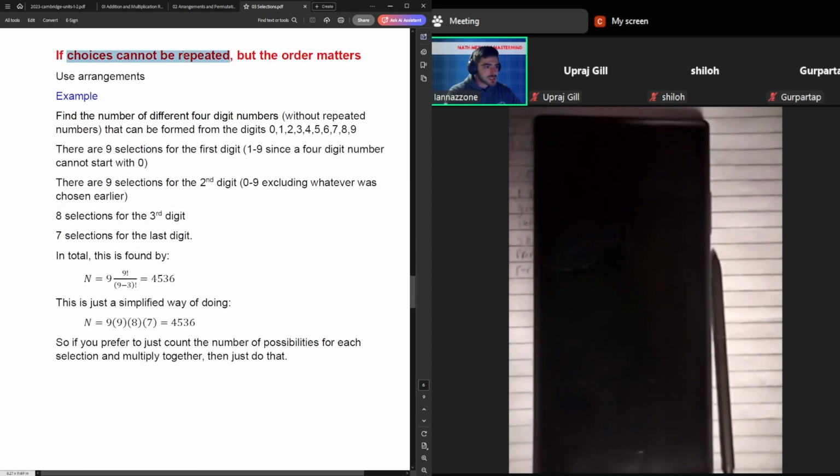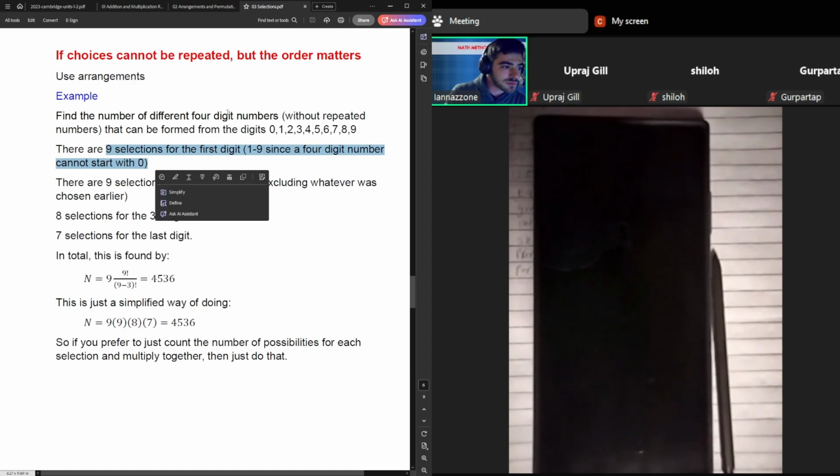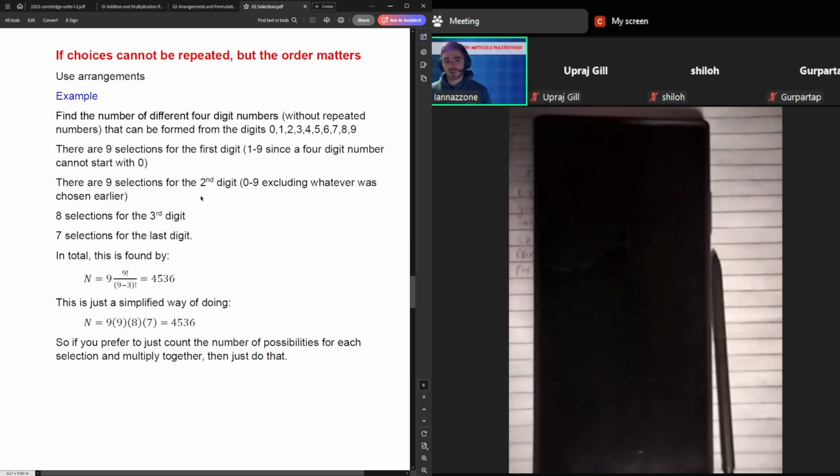Here's an example of where choices can't be repeated and the order matters. So in this case, very similar example, but this time we can't repeat numbers. We can't have like 3 zeros at the end, for instance. Very similar circumstance, except even though we're starting with 9 selections for that first digit, now when we consider the second digit, there's still only going to be 9 options for us.